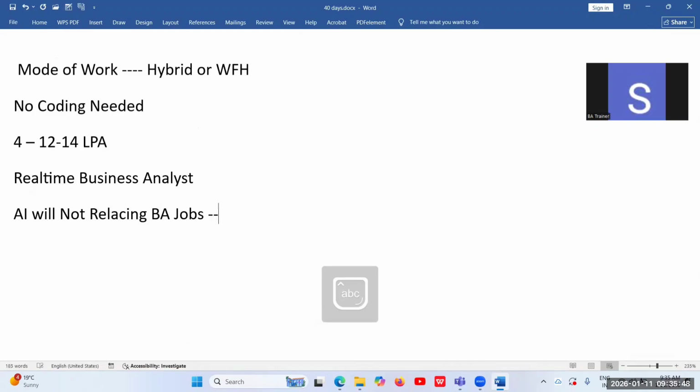I will also let you know the reason, because there are various reasons why AI will not replace BAs. The business analyst is primarily responsible for bridging the gap between the stakeholders and the IT team. The business analyst does various things in the work environment in order to provide solutions for the stakeholders.